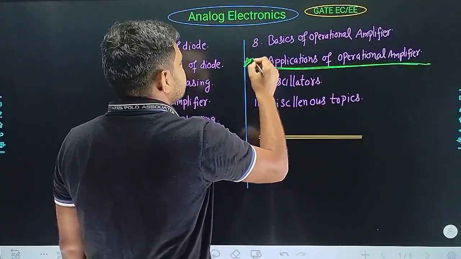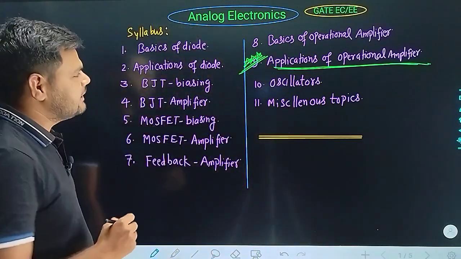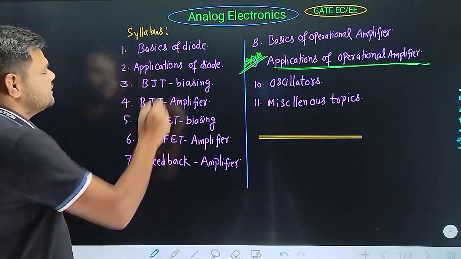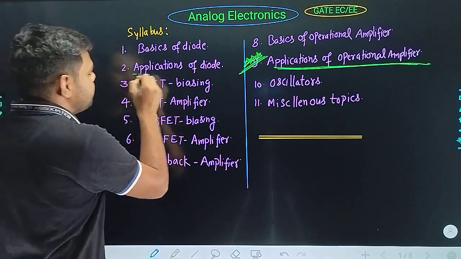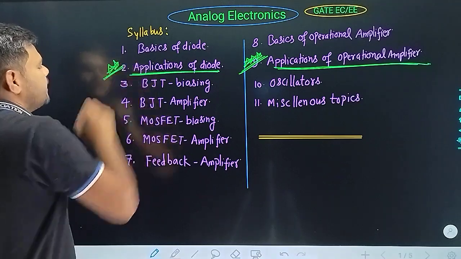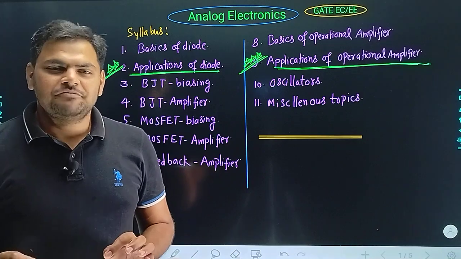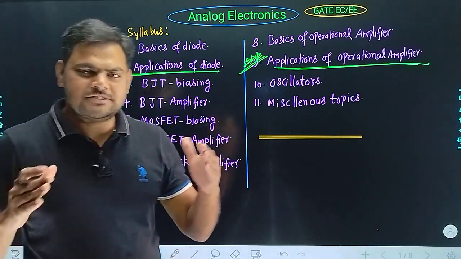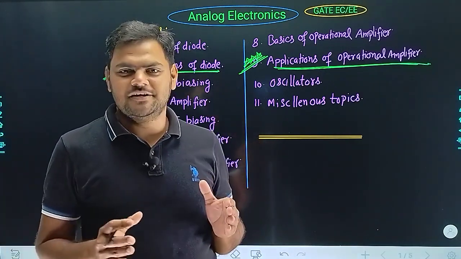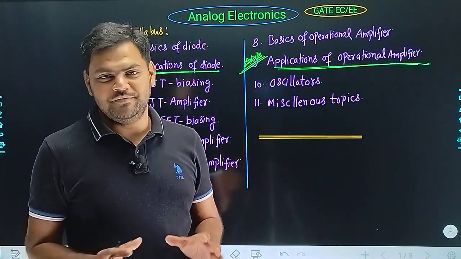Applications of op-amp is a very important topic for the electronics as well as the electrical branch. And the second important topic is applications of diode. For the EE student, these two topics are highly recommended. For EE students who are studying this subject very selectively, these two chapters are very important. You must cover them.